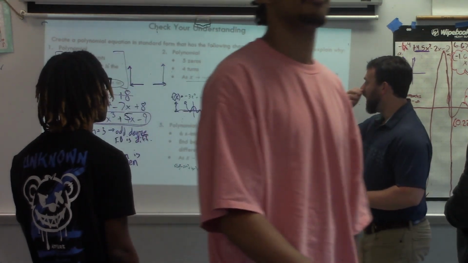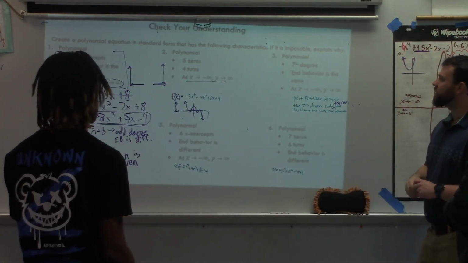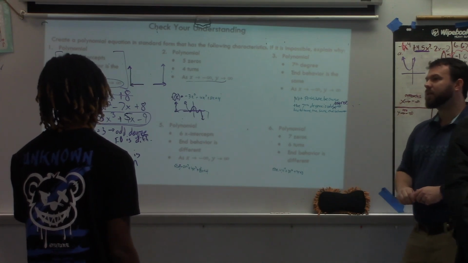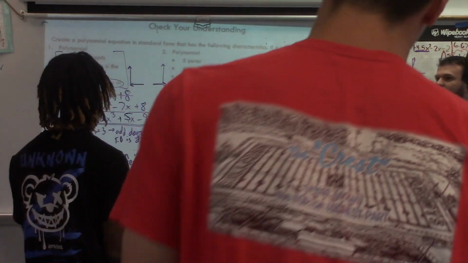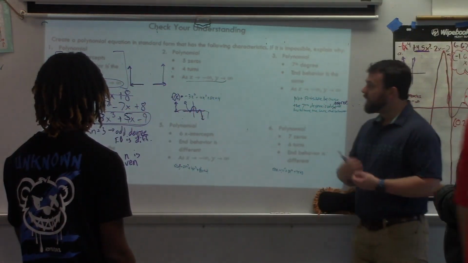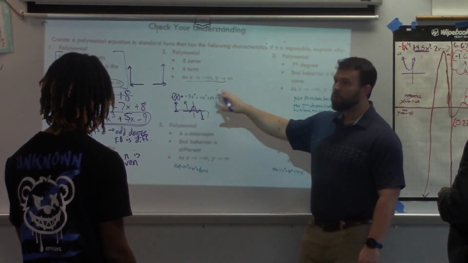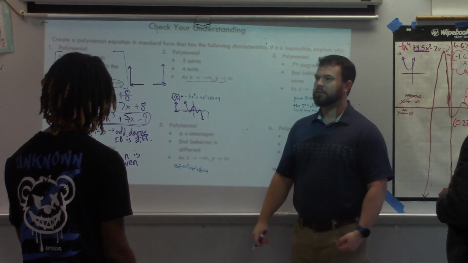Alright, so I just want to talk through a couple of these and I want us to recognize some details. I will put questions like this on your test, 100%. Like demonstrating your understanding, I will give you stuff like this. But we need to keep in mind, like 5 zeros, nobody in here did anything other than a 5th degree here.